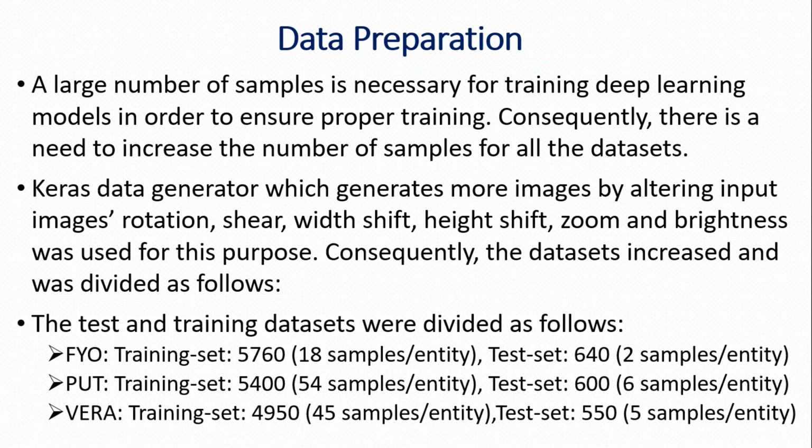So we got this number of images per data set, and they are distributed to training set and test set. As we see, for example, in FYO, we have 5,760 for training and 640 for testing. The distribution of the rest is given here.